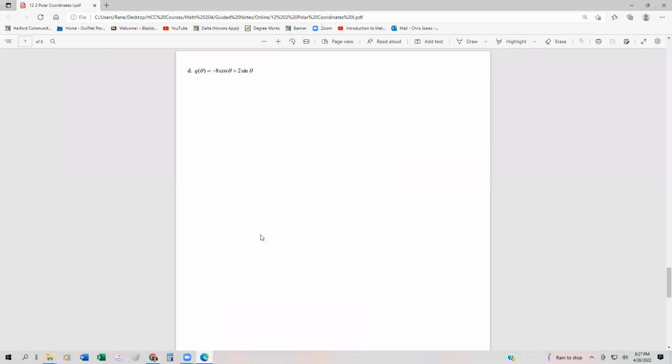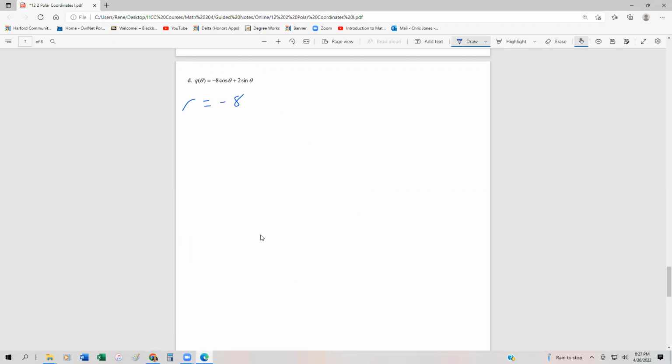So first thing I'm going to do is rewrite this as r equals -8 cos theta plus 2 sine theta. Sometimes we can square both sides, sometimes we multiply, but in this case I'm going to multiply both sides by r.